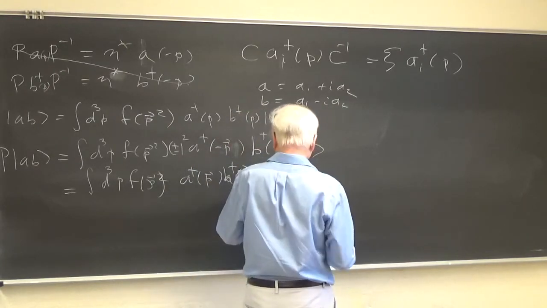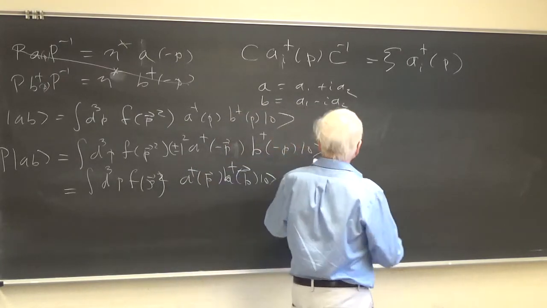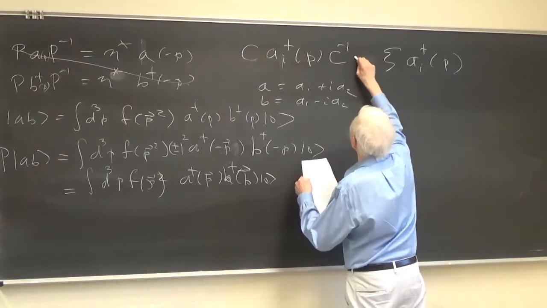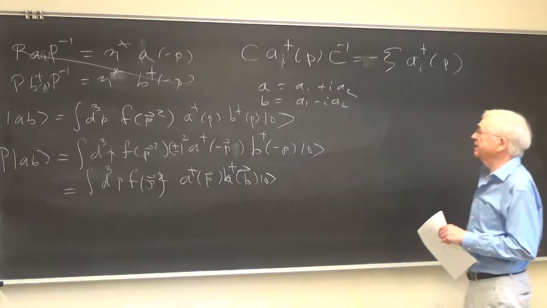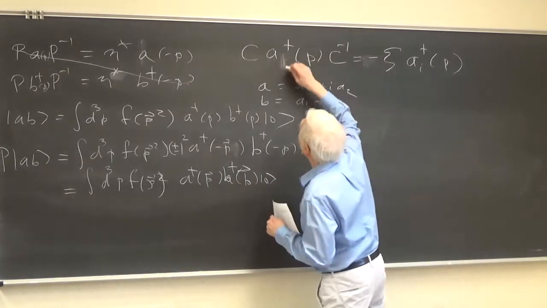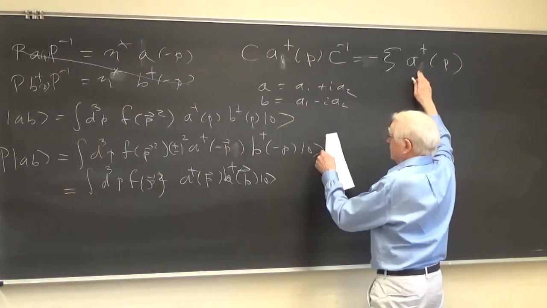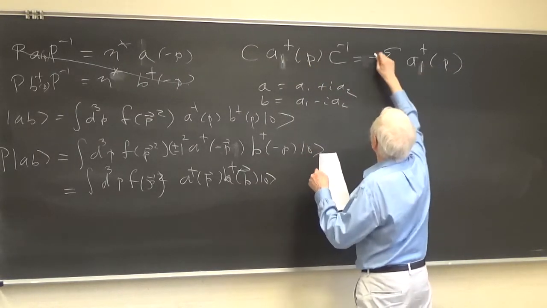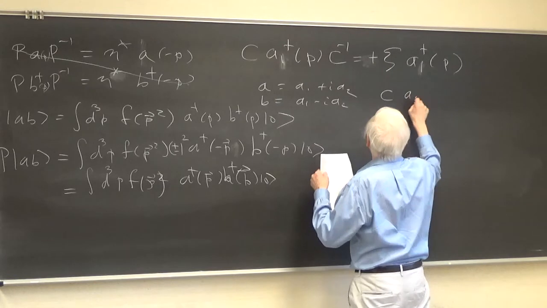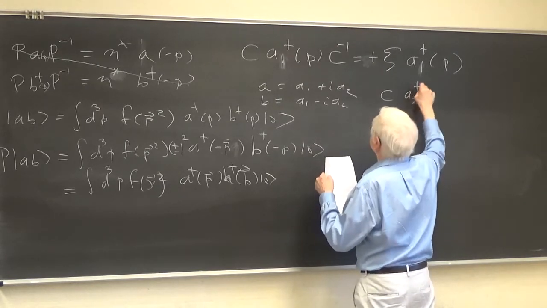So, oh, all right, I do have this minus sign. I didn't see the minus sign. Okay, so this is correct. No. 1 plus sign, C, A2 dagger.